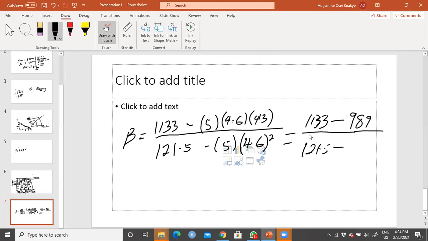Then the denominator, we have 121.5 minus, please, someone should multiply. In fact, first of all, do 4.6 squared, then multiply it by 5, and let me see what you get. So you square 4.6, then the outcome, you multiply it by 5.